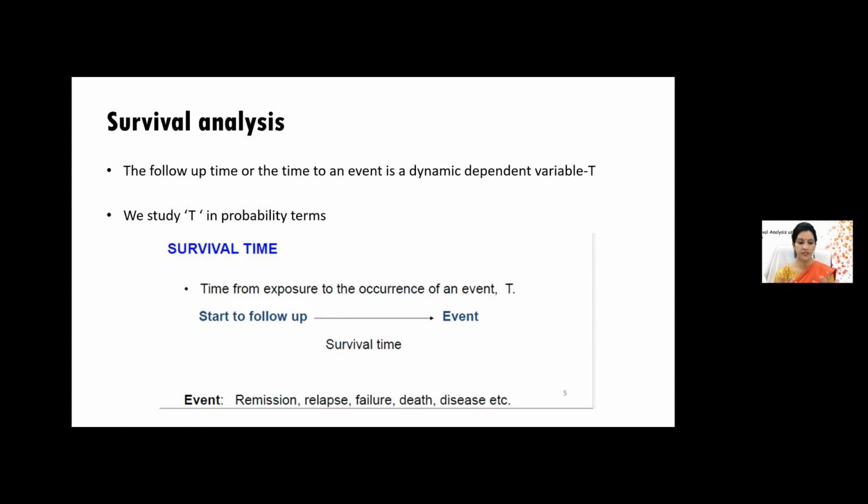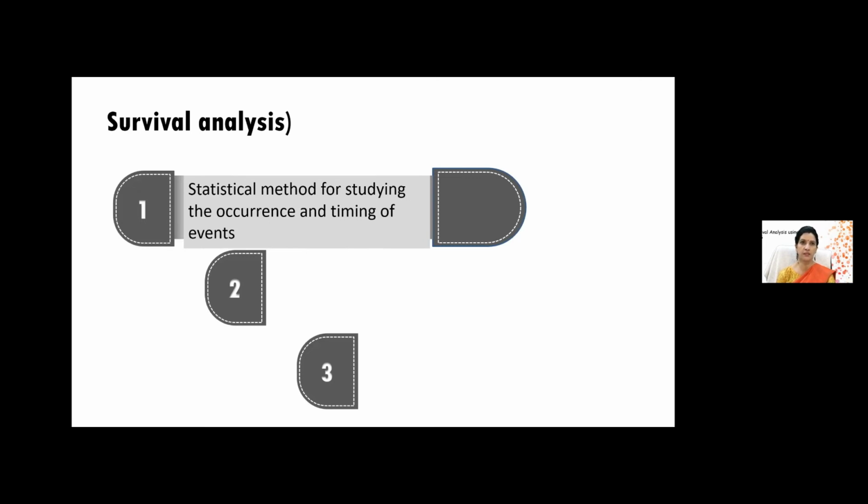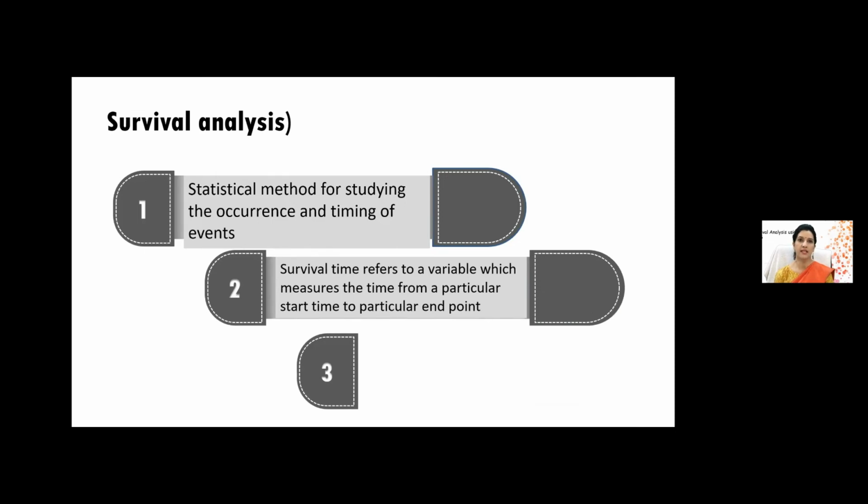So this event, like you have again said, could be relapse, it could be failure, it could be the disease, etc. So survival analysis is a statistical method for studying the occurrence and timing of events. And this survival time refers to a variable which we measure from the start time till a particular end time. And we know that you should define whether you are going to measure this time in seconds, minutes, or maybe hours, months, days, weeks, years, whatever.